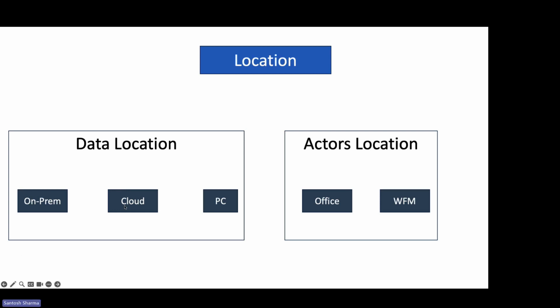When it is on-prem, when it is in the cloud, or maybe they need their laptop. How well secured is their laptop, who is providing their laptop, is it a company-provided laptop or their own laptop, and does their laptop have antivirus? So we need to understand these things to understand further what kind of controls we need.